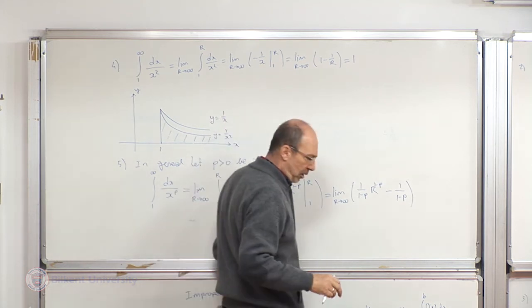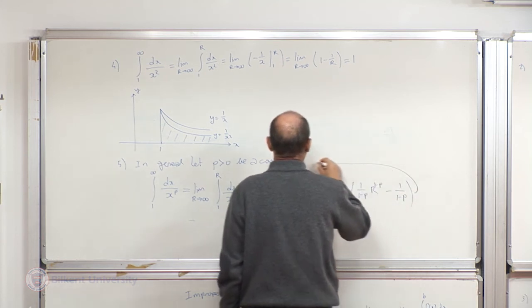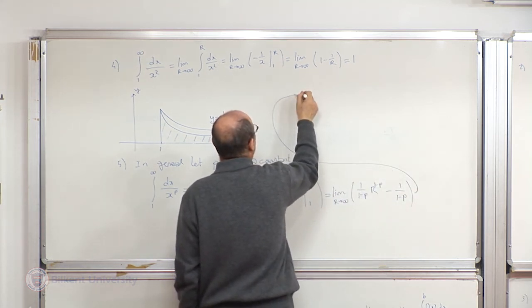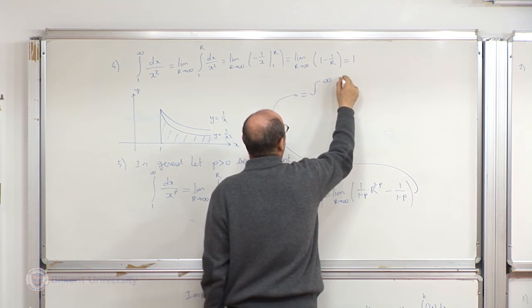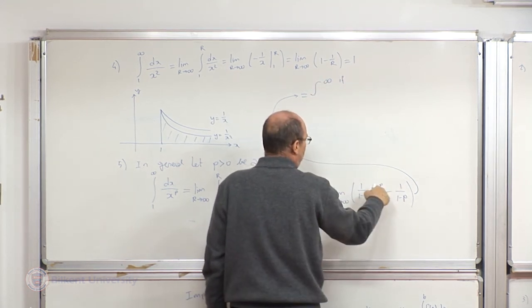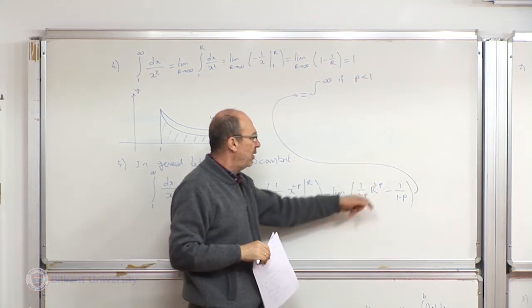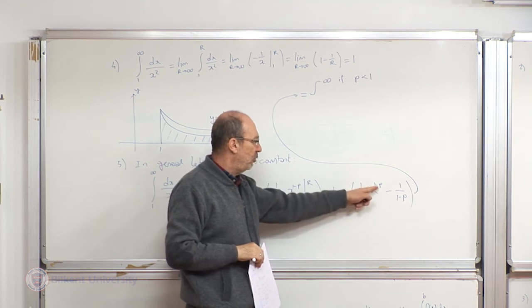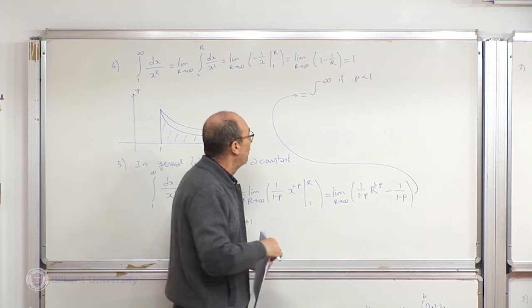So this is equal to infinity if p is less than 1. In that case, 1 minus p is positive, so r to some positive power, and r goes to infinity, so that goes to infinity.